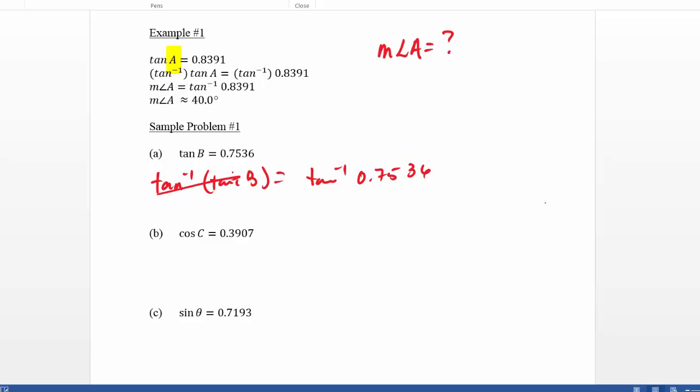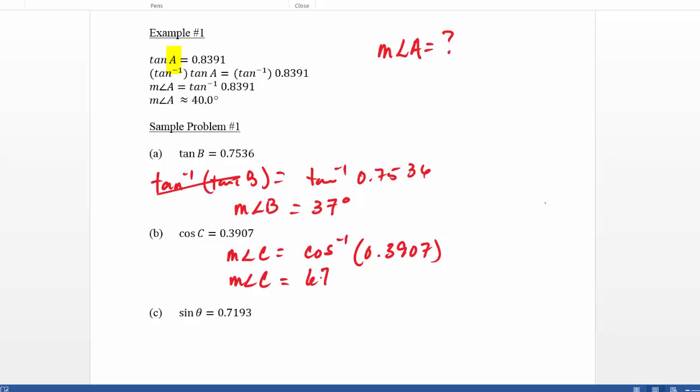Then these are going to cancel each other out, and the measure of angle B is going to end up equaling 37 degrees. That's in effect what you would do for each one of these. If you did that for part C, you would end up with the measure of angle C equal to the inverse cosine of 0.3907, and the measure of angle C would end up being 67 degrees.